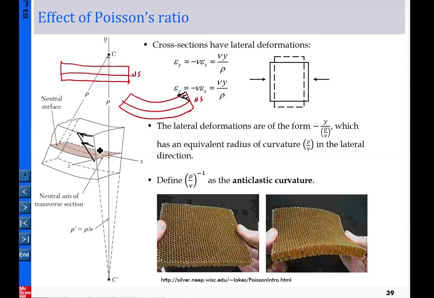In the z direction and the y direction, we have the same effect. Translating this into the lateral direction, we have the radius of curvature in the lateral direction, and we define this quantity as the anticlastic curvature, which describes the curvature in the lateral direction.